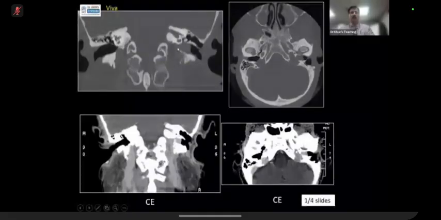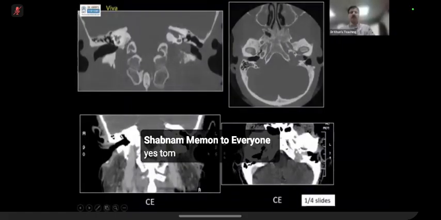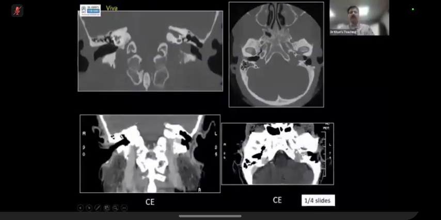Compare this jugular foramen with this jugular foramen, and there is some soft tissue going into the middle ear. When we gave contrast, though the windowing is not very good, this is the appearance on contrast, and this is the appearance on contrast. Please describe the lesion and give me your diagnosis.